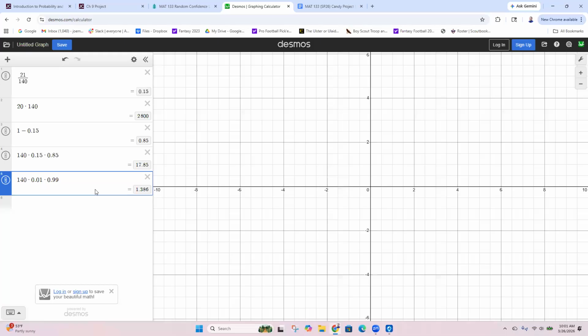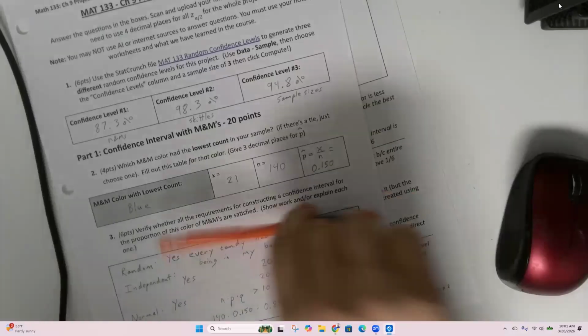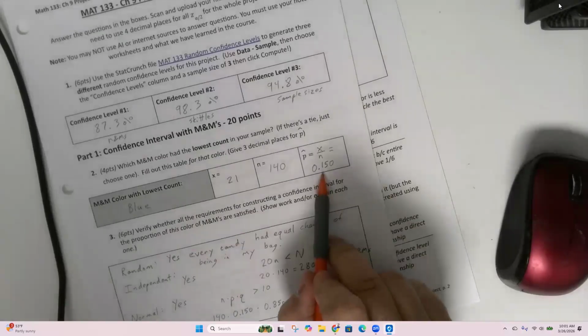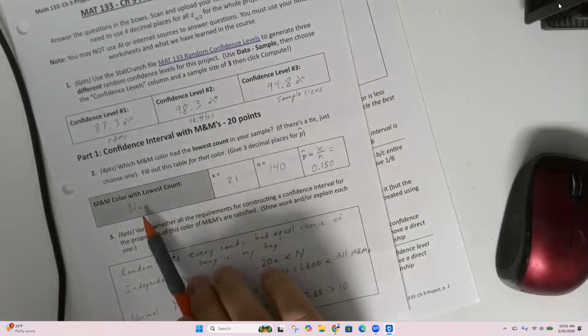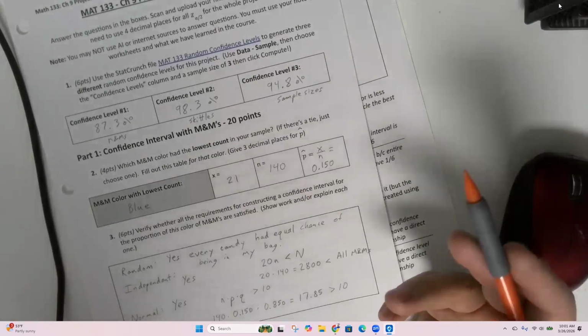What is 1/6 as a decimal? 1/6 is 0.166. So 16.6%, 16.7% of M&Ms are blue. I say 15% of M&Ms are blue. Those are close, okay? They're not exactly the same because my sample was random, right?